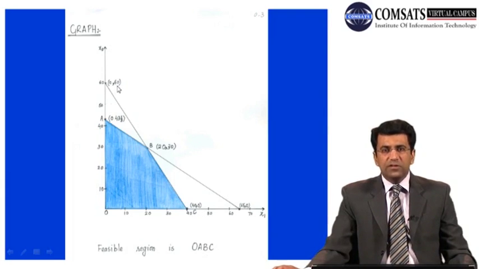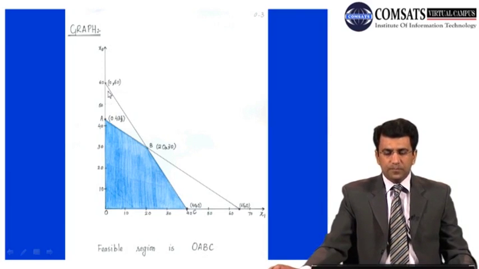So we have already calculated these points, and again we will connect these 2 points in order to draw the line, which is usually referred to as a linear equation, on this graph. Now we have 2 lines on this graph: one line is represented by equation number 1, and the other line is this one, which is represented by equation number 2.